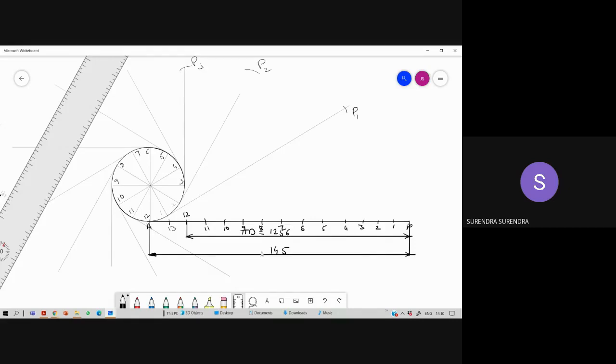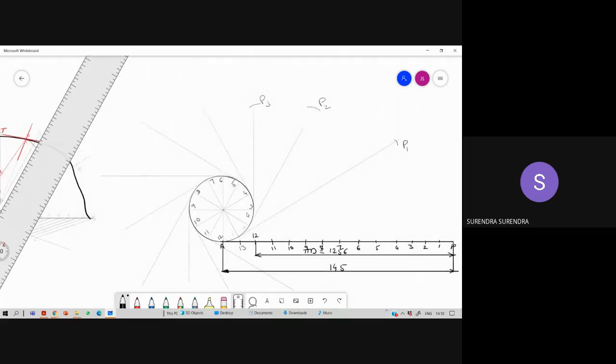Similarly, measure the distance A to 4. So the values are reducing. Measure the distance from A to 4, arc on the fourth tangent. Similarly, distance from A to 5, 5 as center, arc on the fifth tangent, P5.